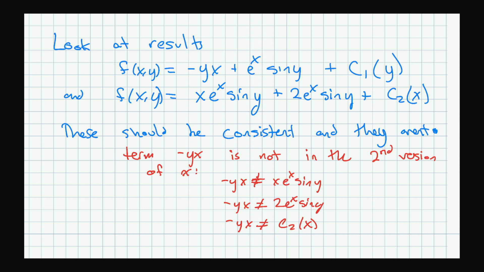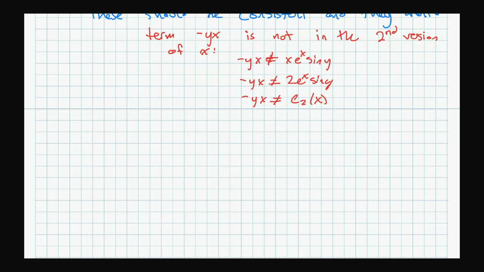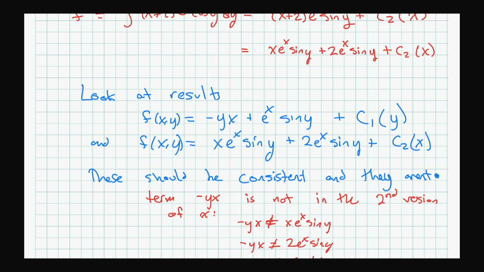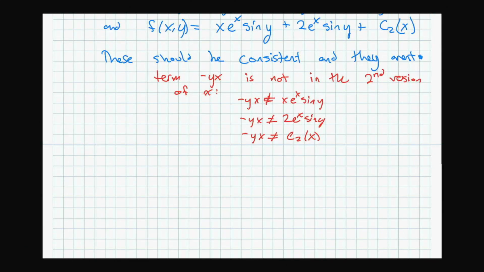So this is just not a conservative vector field, okay? Because you can't do this. Basically, if you try to follow our method for coming up with a potential function and you can't, then it's not conservative. So no potential exists and f is not conservative.